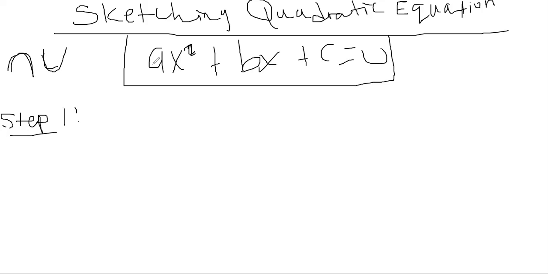So if you look at a quadratic equation, you should be able to know, without even starting to solve it, whether the shape will be like this or like this. And how do you know that? So the first step is to determine the basic shape.